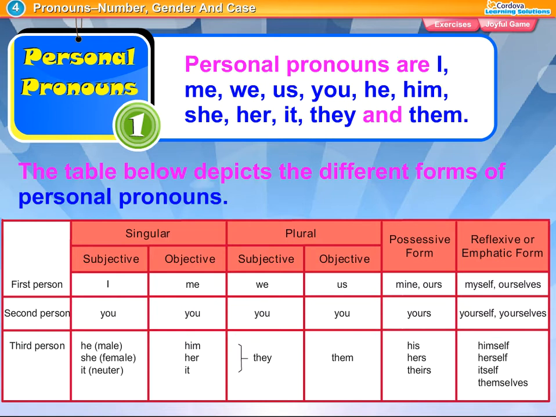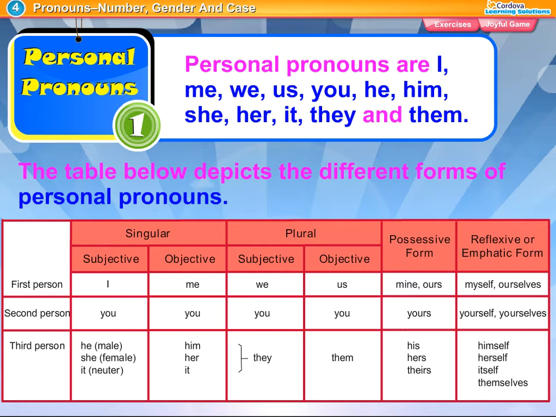Possessive form. Reflexive or emphatic form. First person: I, me, we, us, mine, ours, myself, ourselves. Second person: you, yours, yourself, yourselves.